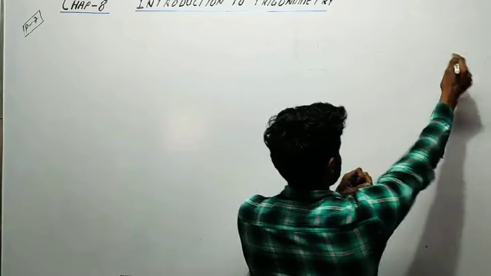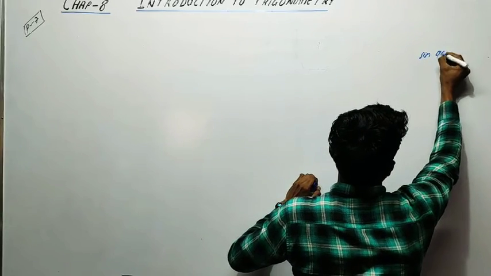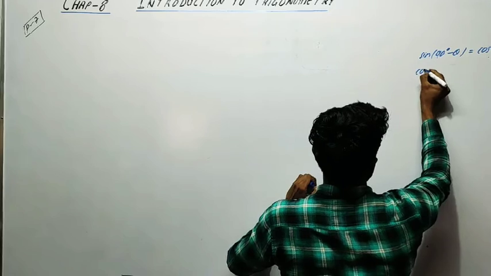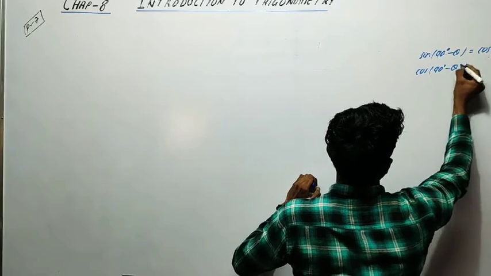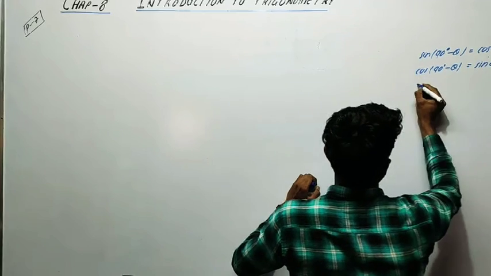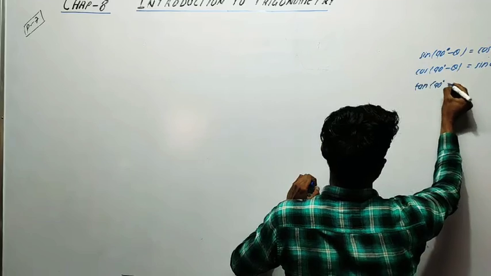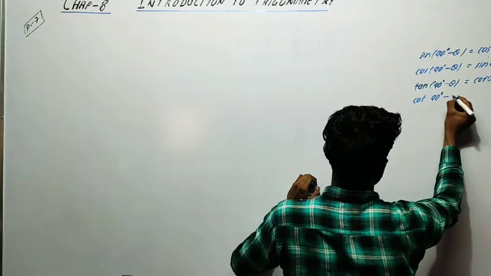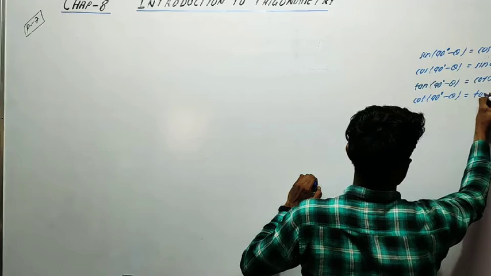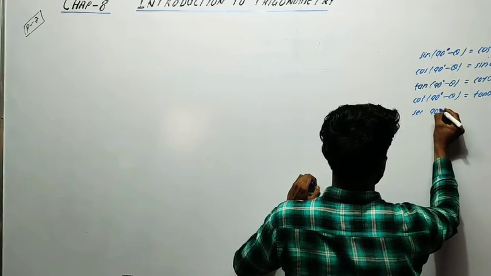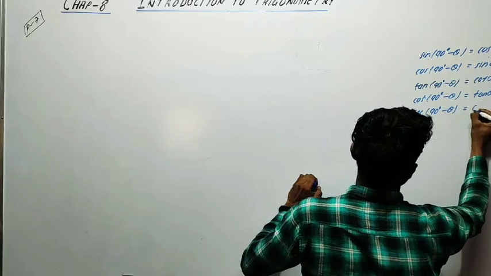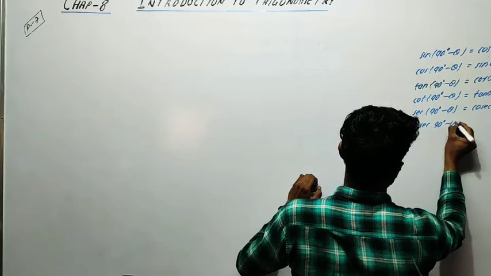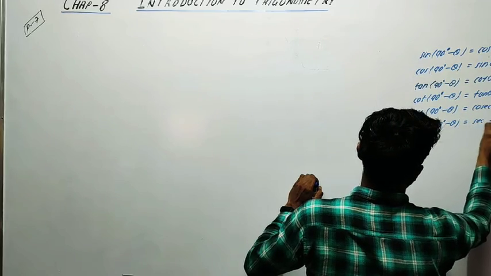Let me write these complementary values here. Sin 90 degrees minus theta is equal to cos theta, cos 90 degrees minus theta is equal to sin theta, tan 90 degrees minus theta is equal to cot theta, and cot 90 degrees minus theta is equal to tan theta, sec 90 degrees minus theta is equal to cosec theta, and cosec 90 degrees minus theta is equal to sec theta.